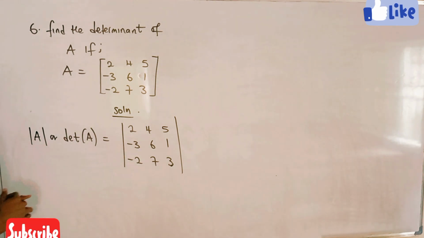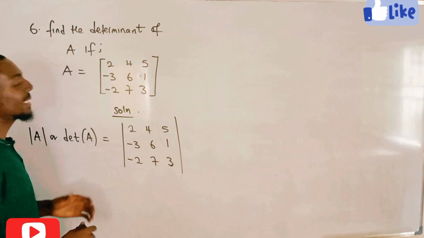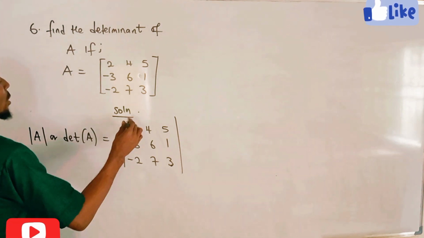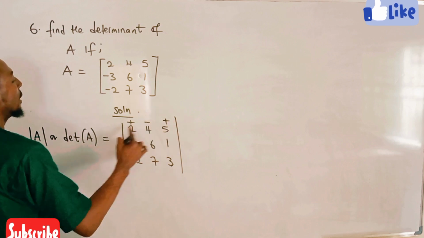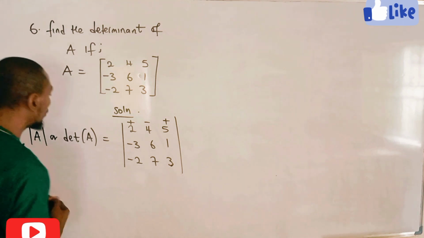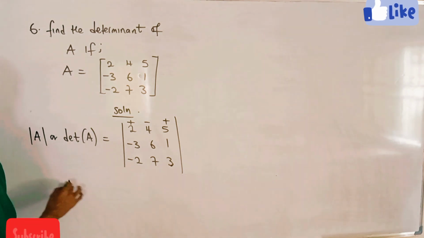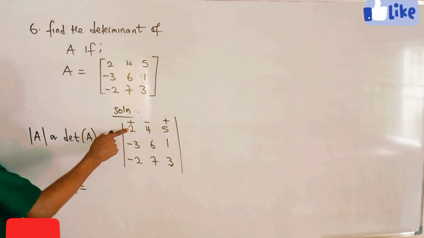For us to find the determinant of this matrix, we're going to assign a cofactor sign: plus, minus, plus at the top of each column. So the determinant of A is equal to, you start from 2.